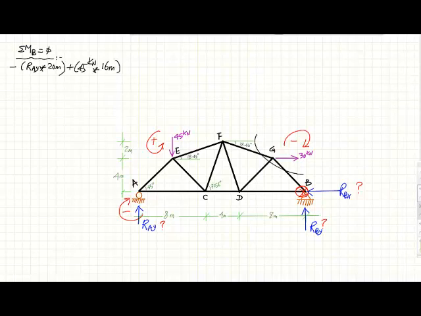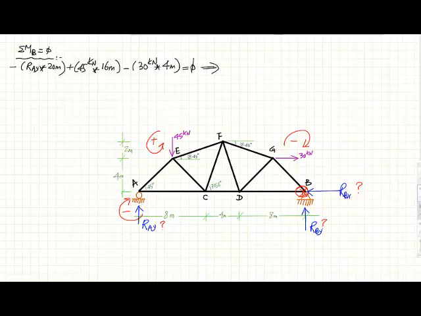And then we have this force, which is 30 and rotates negative, so minus 30 kilonewton multiplied by the distance from here to here, which is equal to 4 meters, is equal to 0.